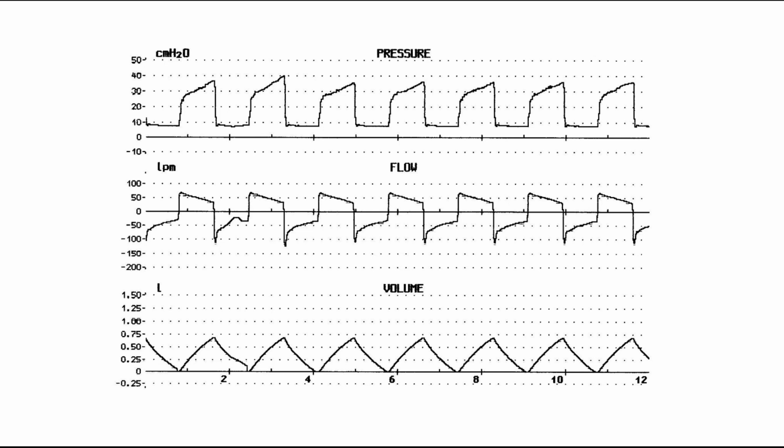The very beginning of the next breath seems to happen before expiration returns to baseline. This is known as auto-PEEP. This is gas that's trapped in the alveoli that doesn't have a chance to leave before the next breath happens.